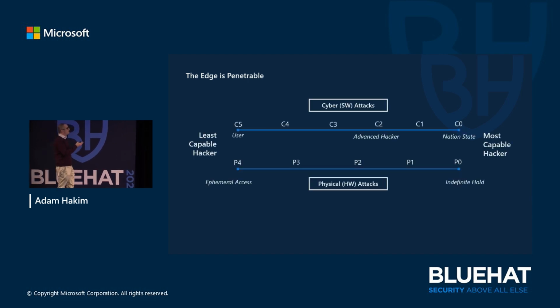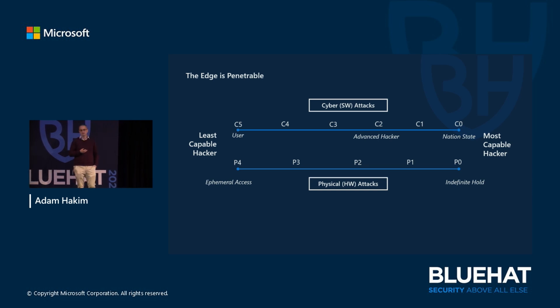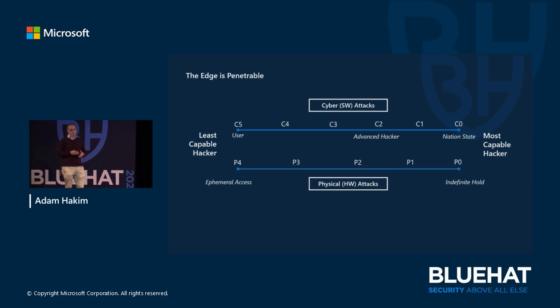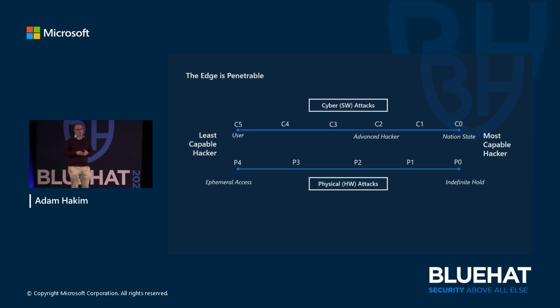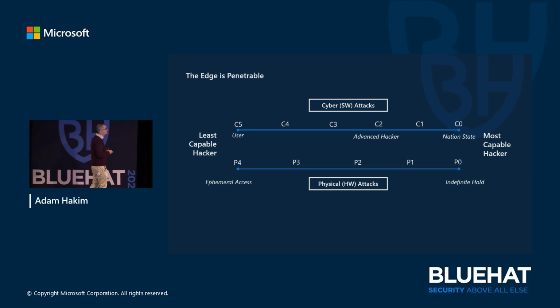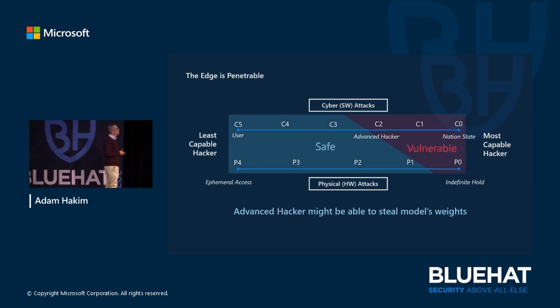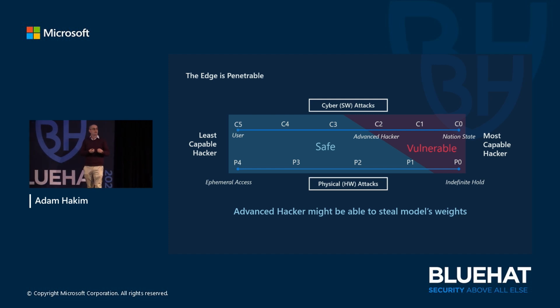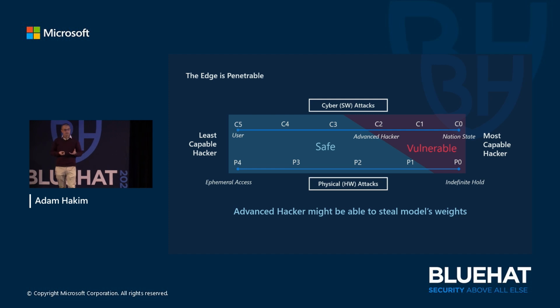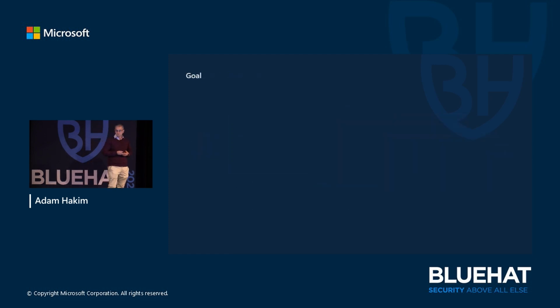And we classify the capability of hackers from software attacks from 5 to 0, and for physical hardware attacks from 4 to 0 in terms of the hackers' capabilities. And we can say that current hardware is penetrable. An advanced hacker might be able to steal AI models, to steal model weights, by having some capabilities and indefinite hold of devices, which most hackers can obtain when it comes to edge devices.